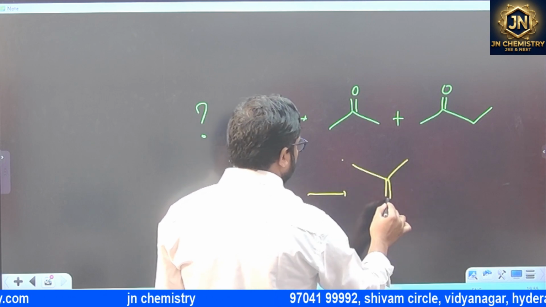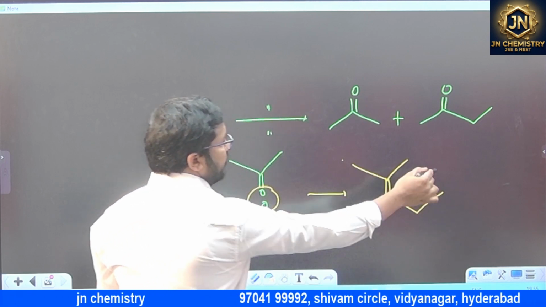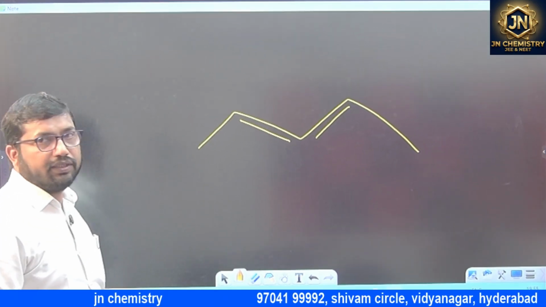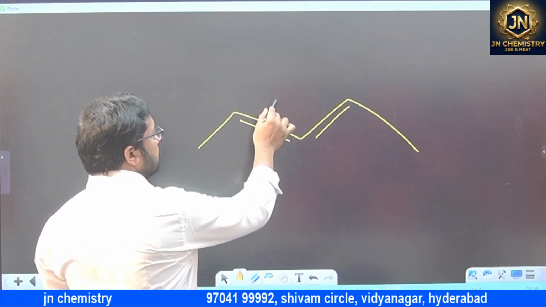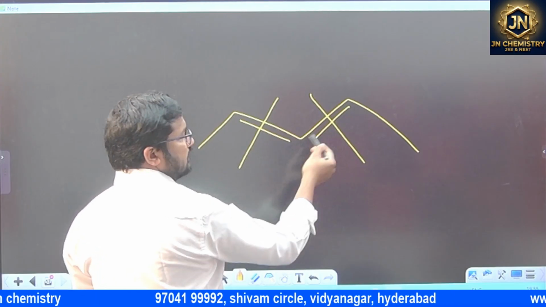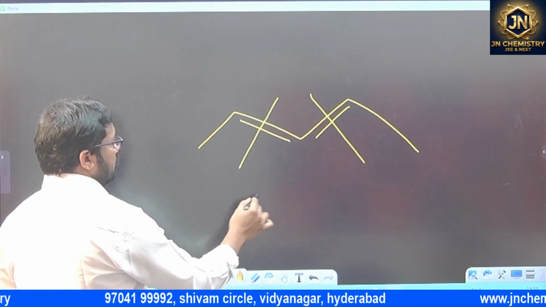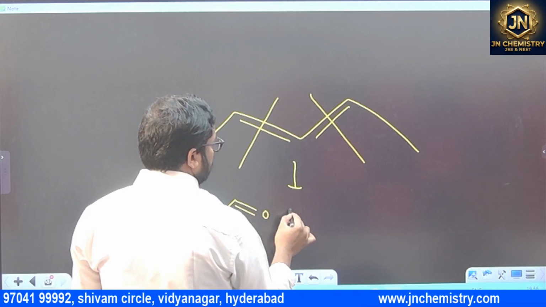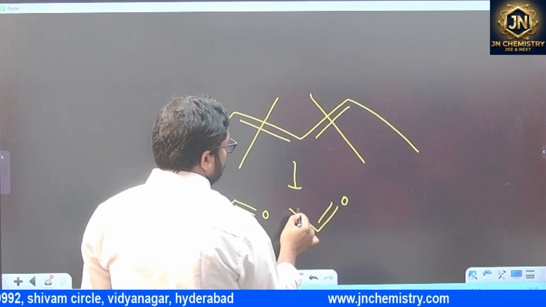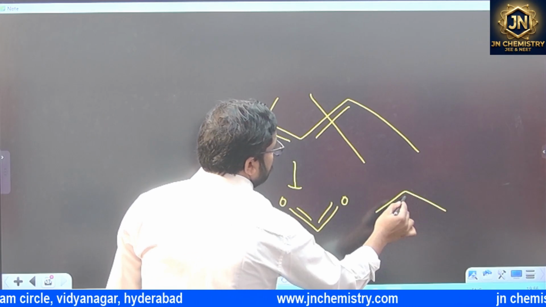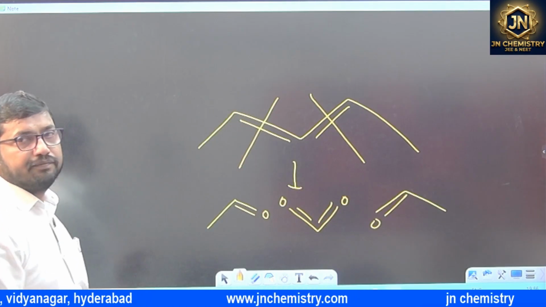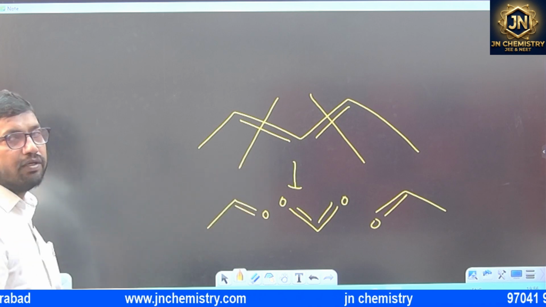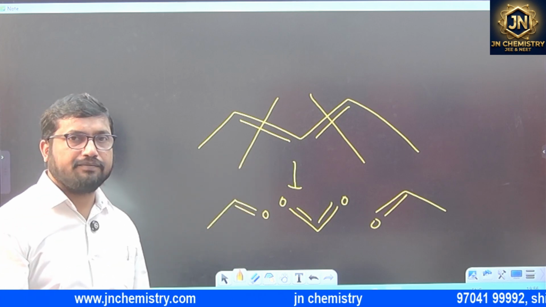Simply we'll get the compound like this; if you break it, we'll get the same product. For example, the compound is like this. If they give ozonolysis, if you are cutting like this, CO2, like that, simple. If you are confused, you can go with the number of carbon atoms, it's easy.